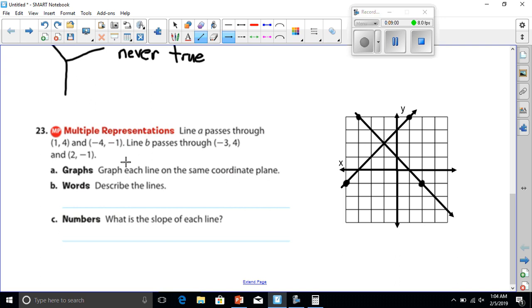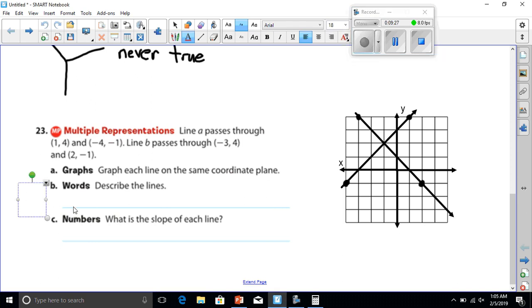All right. Now it says A, graph each line on the same coordinate plane. We just did that. It said describe the lines. Well, if we describe the lines, I could say that they intersect here at -1 and 2, right?